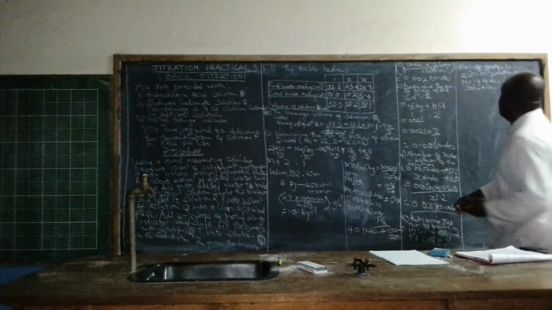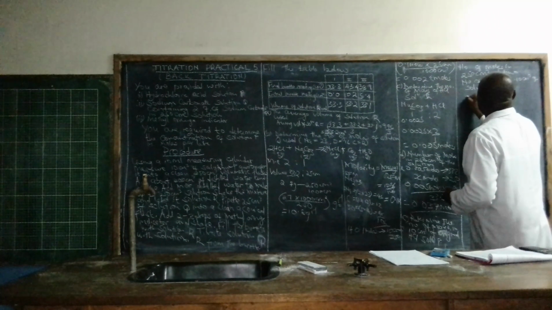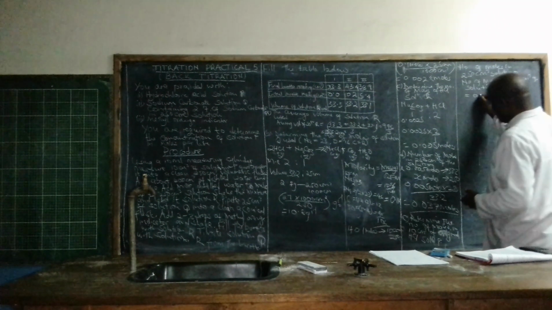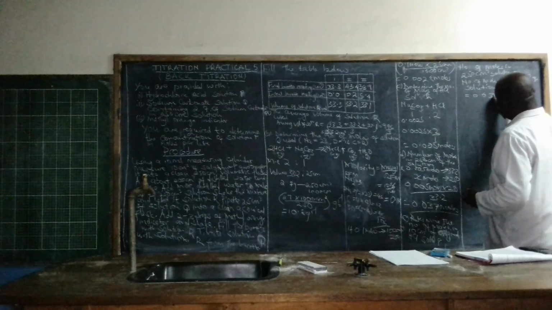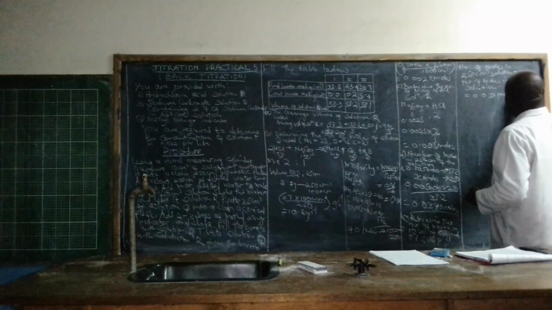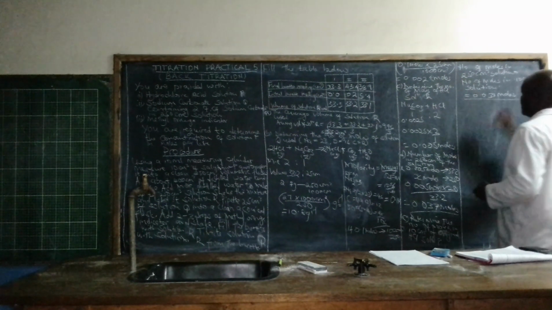These are the number of moles that we are talking about. So we are just going to say it is equivalent to 0.037 moles, because the number of moles are just the same.